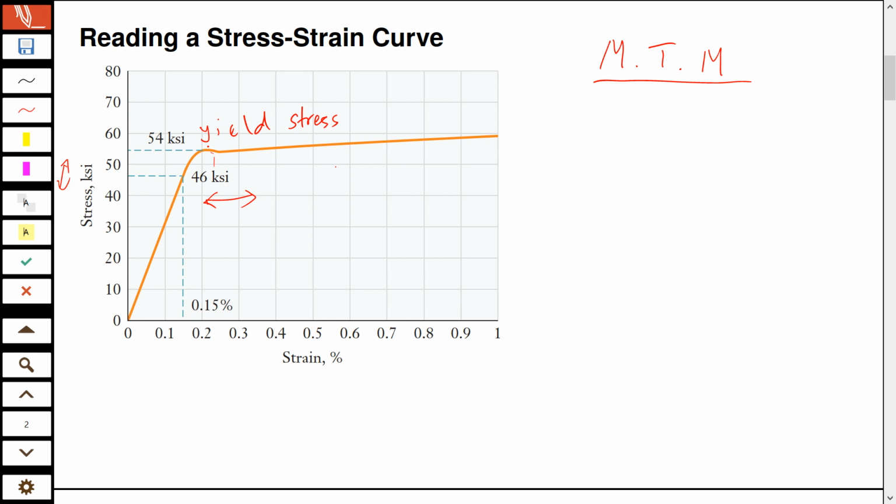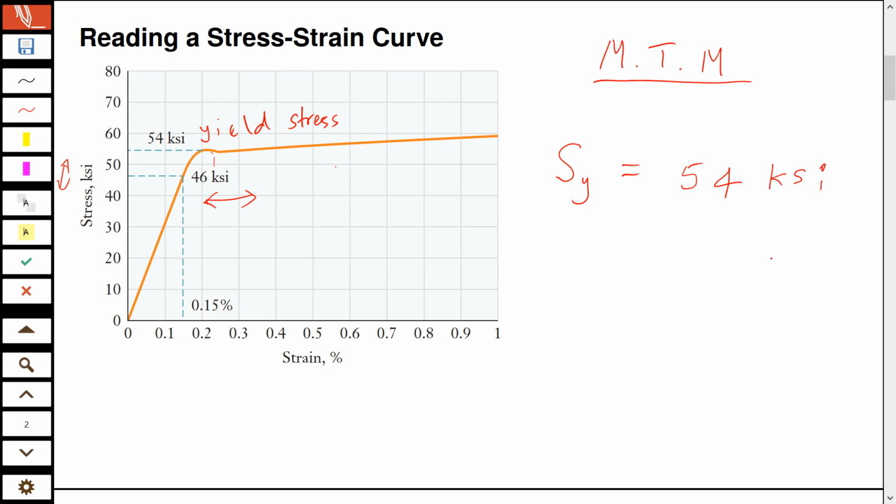So for example, in this case, what will be the yield stress, Sy? If I ask you, tell me. Yield stress is 54 KSI.